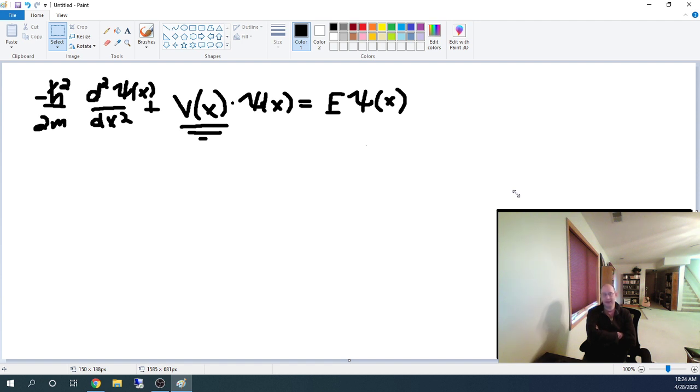Specifically, we got energies which look like the hydrogen atom energies that Bohr predicted way back in the day. And the wave functions are complicated functions of r, theta, and phi.